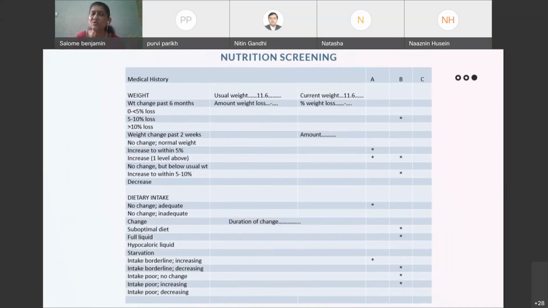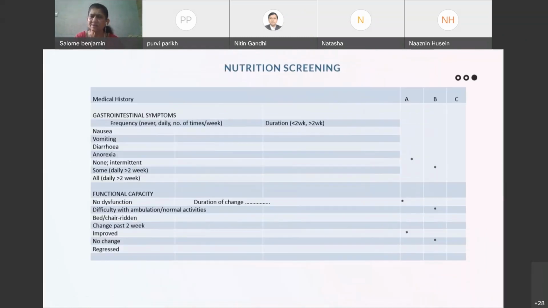So here you will do nutritional screening using SGA, or MUST can also be used. Any tool can be used and put the score. So the SGA score here, then on the second page you will do the physical examination, GI function and functional capacity, the subacute fat loss and other questions.